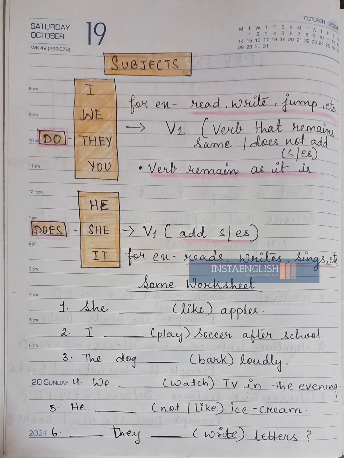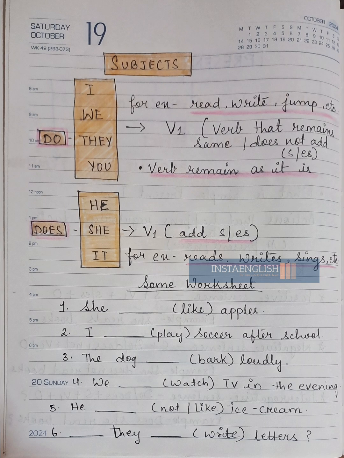It will not change. Next, the dog dash bark loudly. So here the subject is the dog and the dog is the it form. So see, according to the subject it, to the main verb we will add s or es. So here it will become the dog barks loudly.